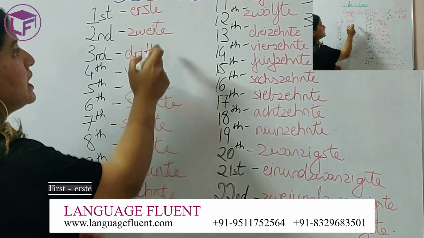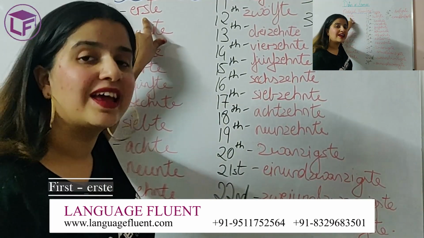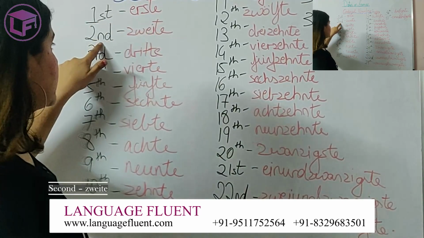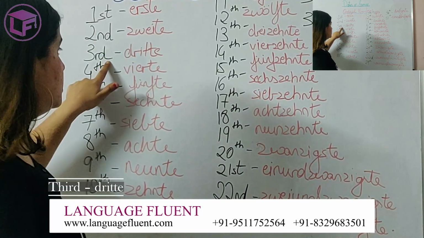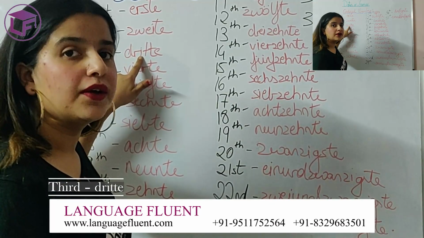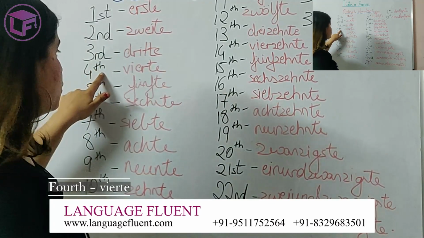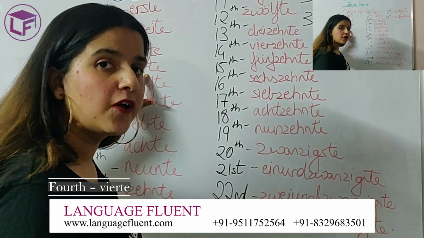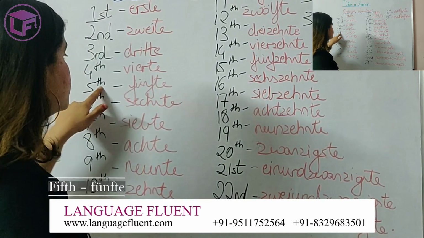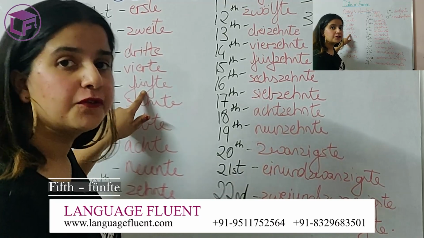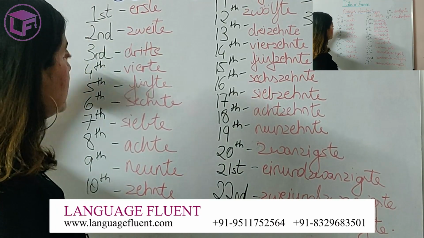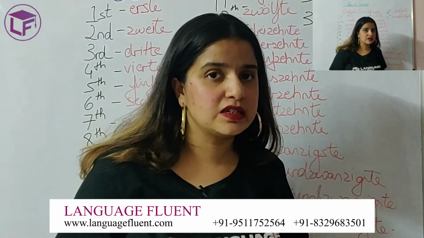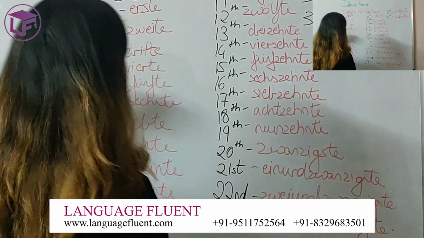First, erste. Second, zweite. Third, dritte. Fourth, vierte. Fifth, fünfte. Only first and third have slightly different words, that's erste and dritte.